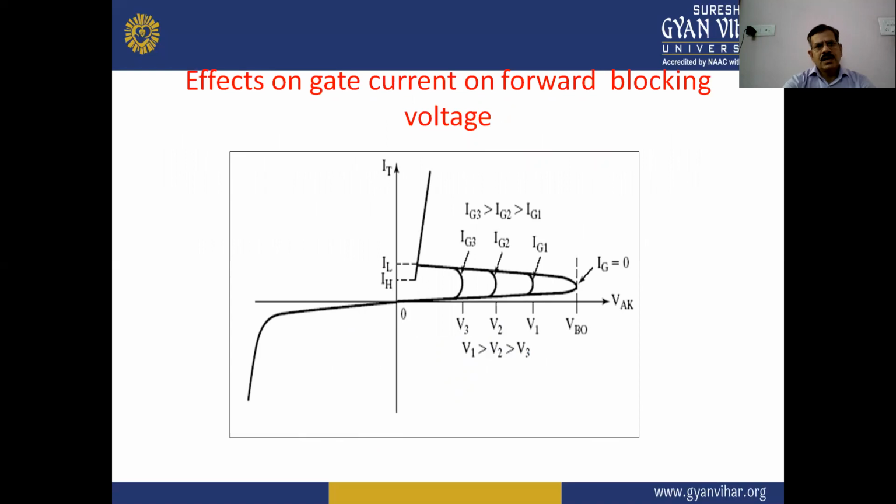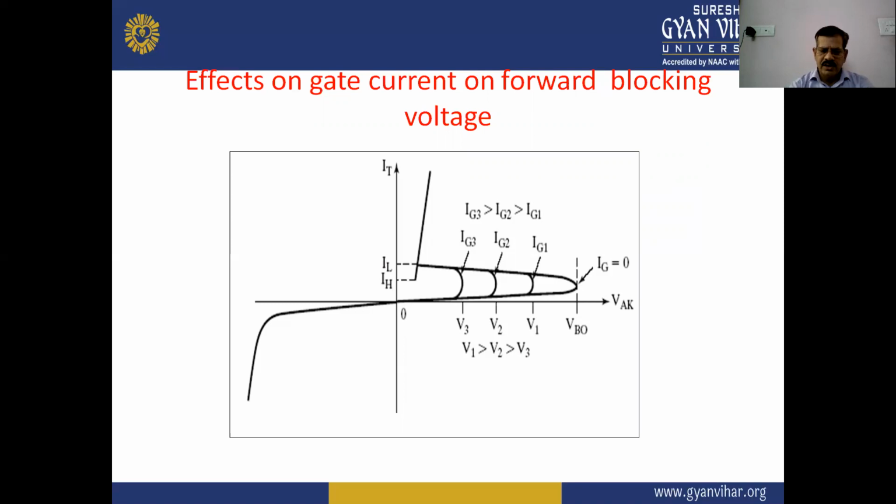What is the effect of gate current on forward blocking voltage? This graph shows the effects of gate current on forward blocking voltage.